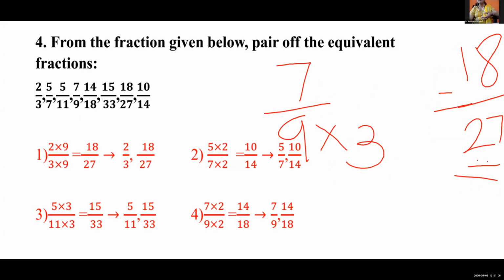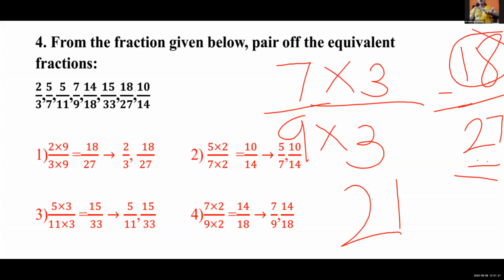But that same number we will use in the numerator also, correct? So 7 3s are 21 is coming. But 21 is not here. So this is not the equivalent fraction.